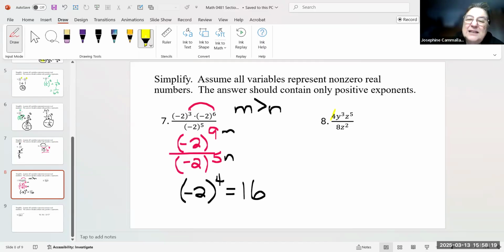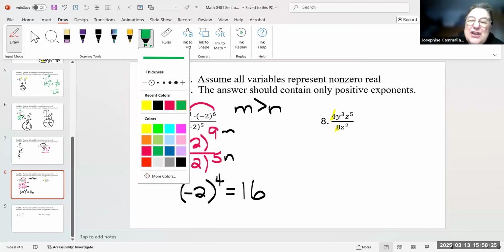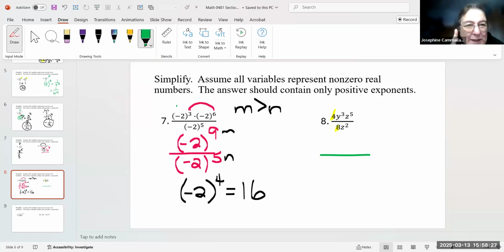Now, number 8, I have numbers. When I have numbers, the fraction reduces, which is 1 over 2. 4/8 become 1/2. Now, I only have 1 y cubed.